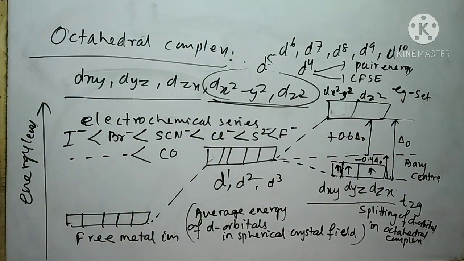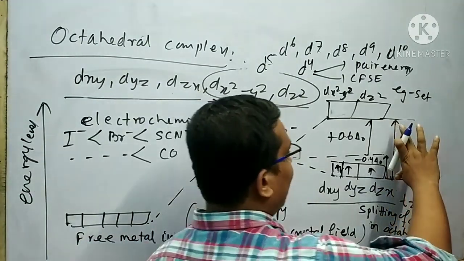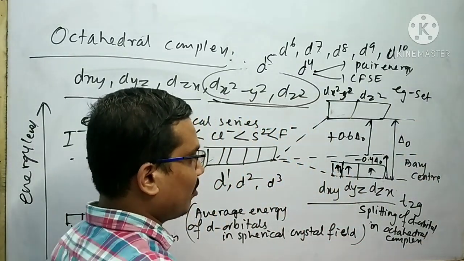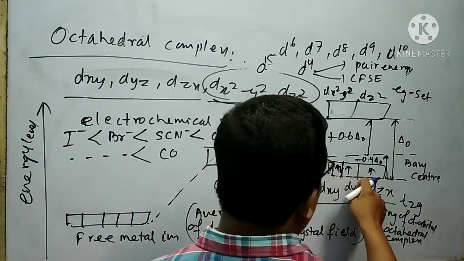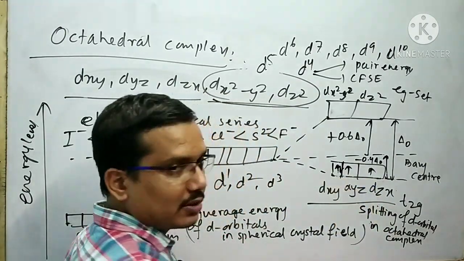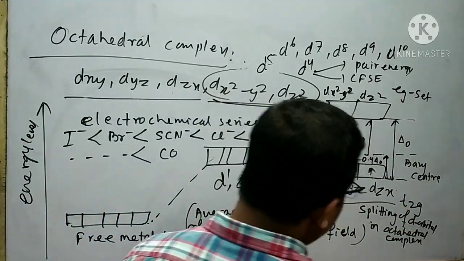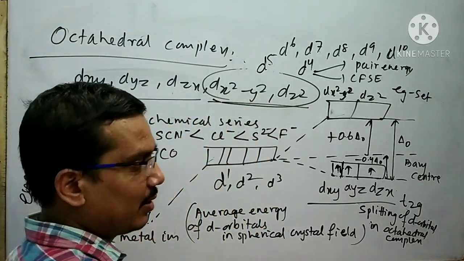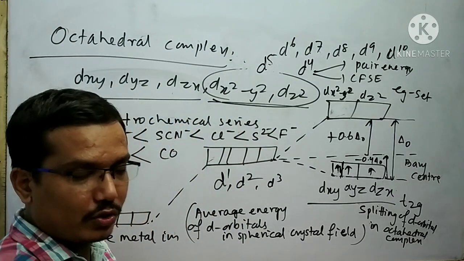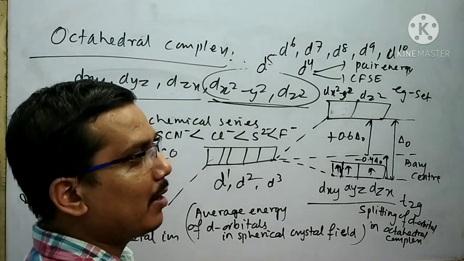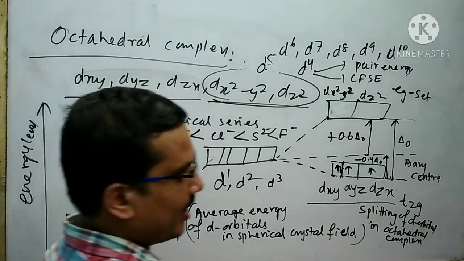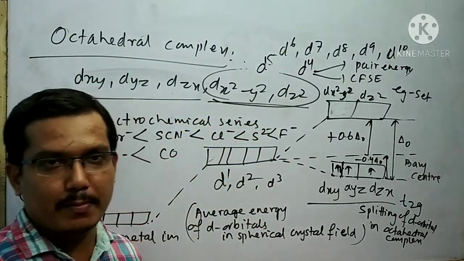If a strong field ligand is present in a coordination complex, then the delta 0 value increases. Then all the electrons want to fill the lower set of orbitals, that is the t2g. As a result, the number of unpaired electrons decreases. If the number of unpaired electrons decreases, then the paramagnetic character also decreases, and that type of complex is considered a low spin complex.